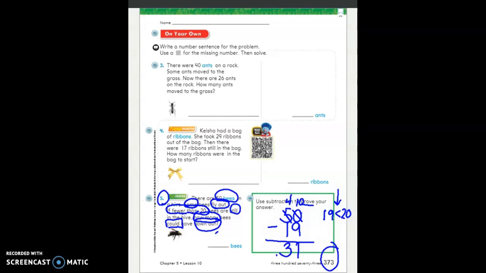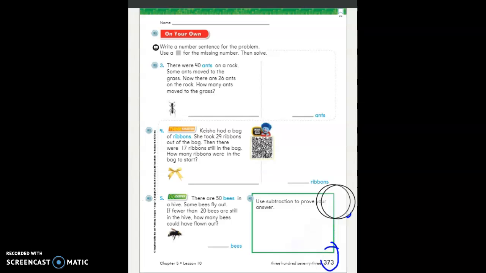So one answer could be that I have 31 bees that have flown out. But this is one of those problems where you could do another possible answer. So try another number here. Use any number less than 20, and that will be your answer. Okay? Those are tricky.